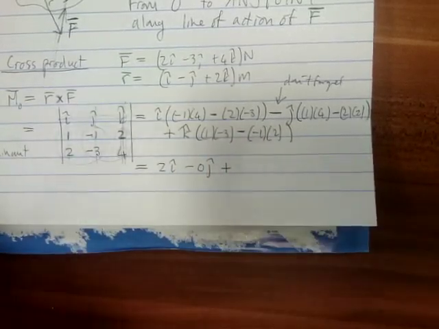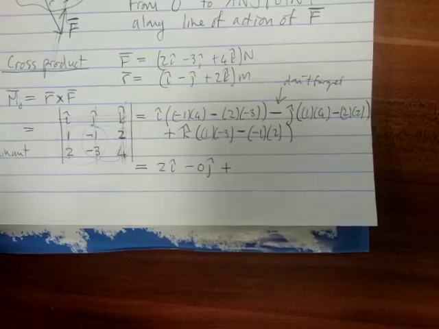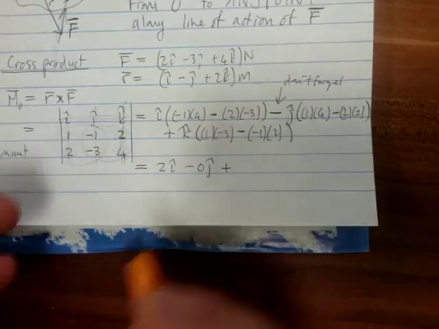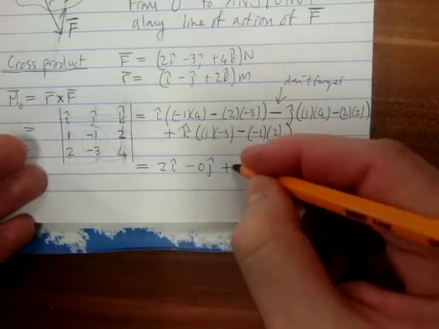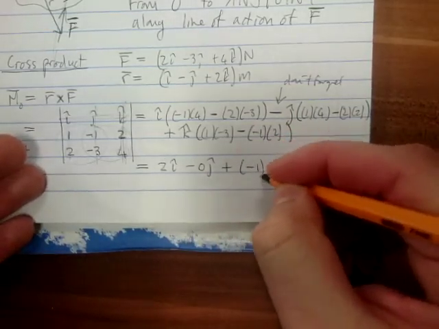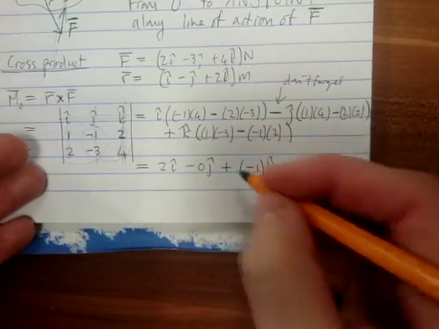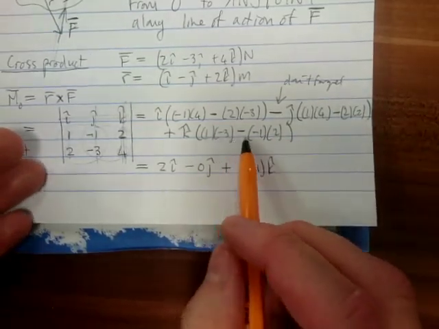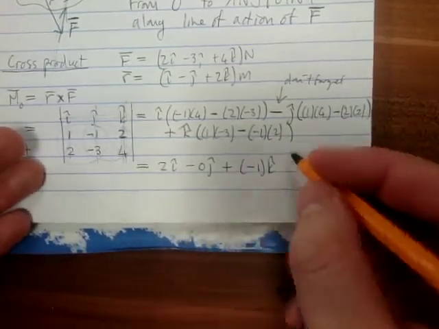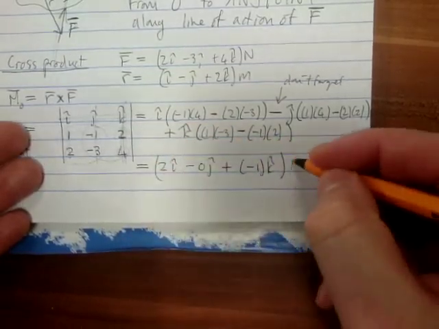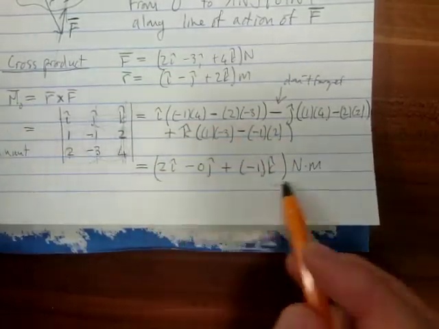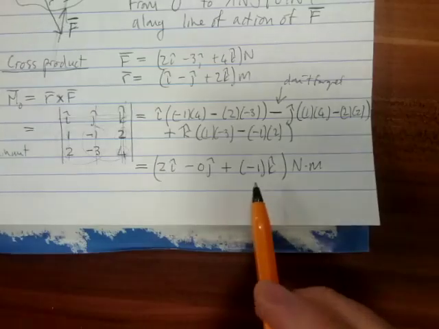Right? So it's 1 times minus 3 minus 1 times 2 gives us minus 1k. So minus 3 plus 2 is minus 1k. So this is Newton meter. You've now calculated the moment.